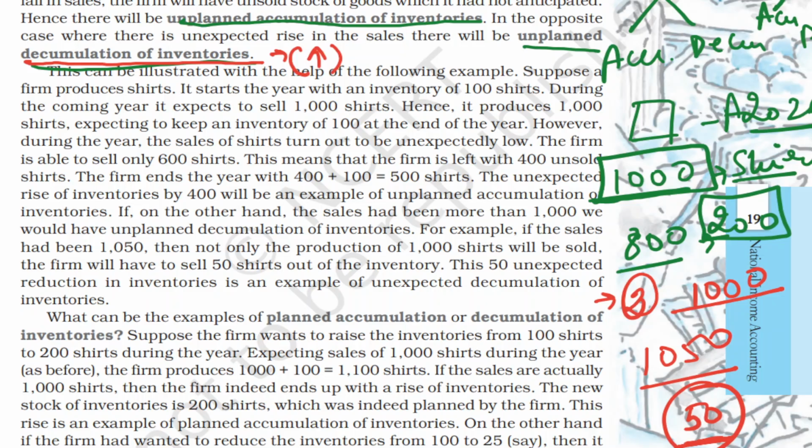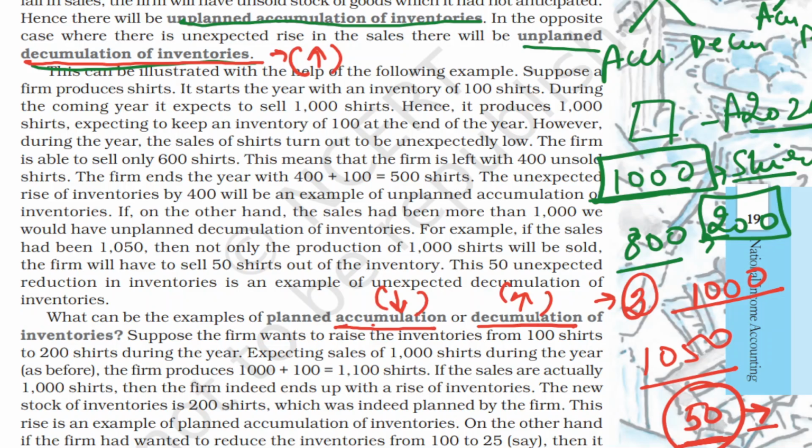Your 50 shirts got accumulated basically means from inventories you were able to sell more shirts. So your 50 shirts got sold from inventories. That means accumulated basically means used up. So a decrease in your inventories means accumulation, and an increase in your inventories basically means deaccumulation.